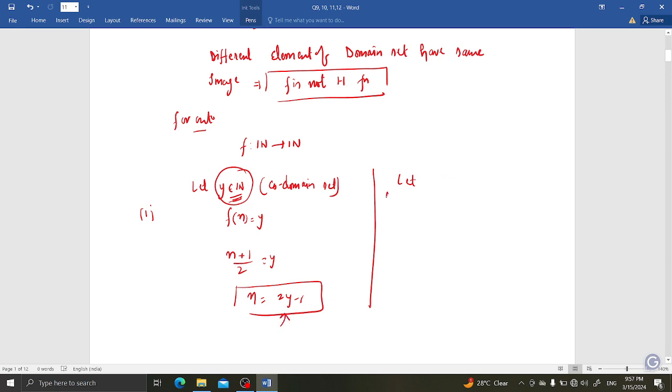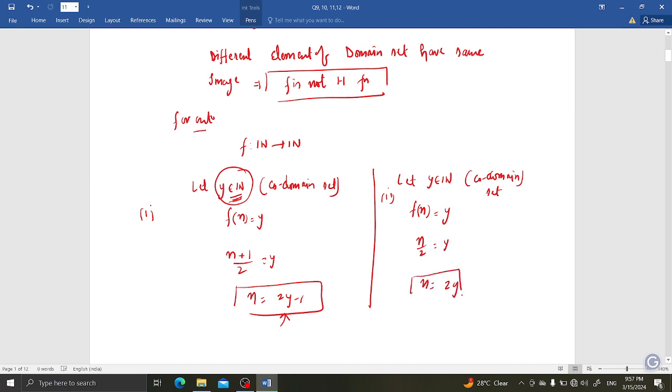Clear? The second case is this: if f(n) equals (n plus 1) upon 2, maybe someone will come and say, sir, why didn't you assume f(n) equal to n by 2? Here also we can do the same thing. Let y belong to the natural numbers, the codomain; from the codomain set I took this element. Now I assume f(n) equals y, and the form of n is 2y.